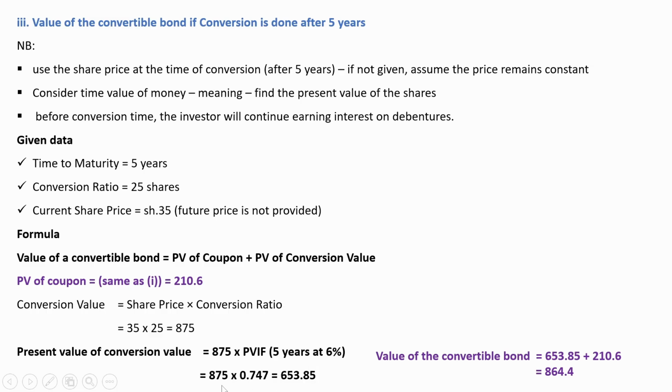You multiply that by 875, it will give you 653.85. Then, according to the formula, you add the present value of coupon, 210.6, to the present value of conversion value, 653.85. So the value of the convertible bond, after you have added the two, will be 864.4. So that is how you calculate value of the convertible bond if conversion takes place at a future time.